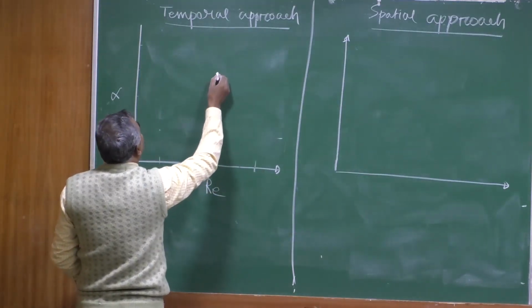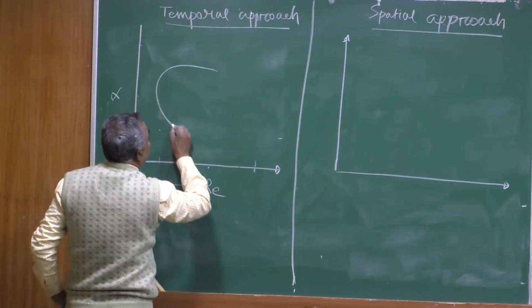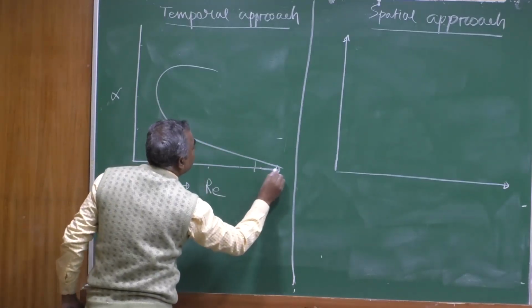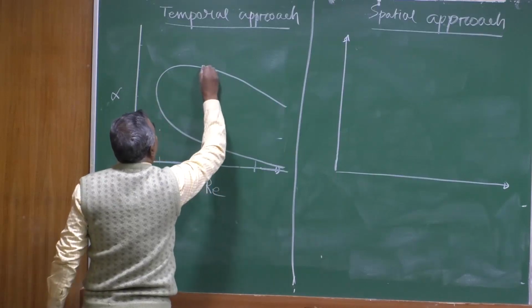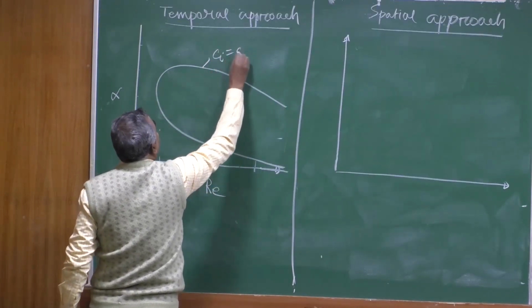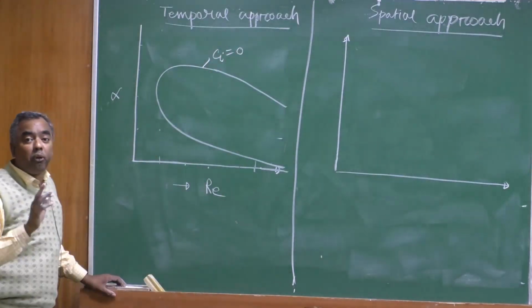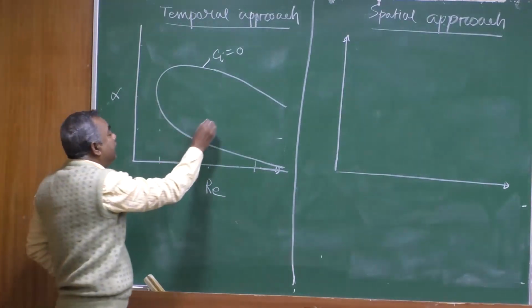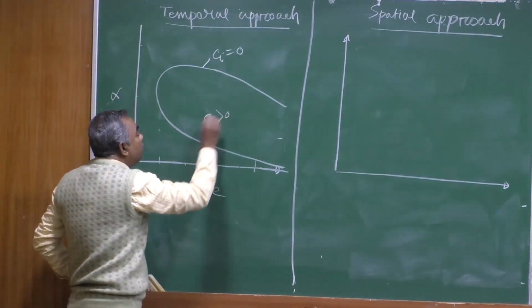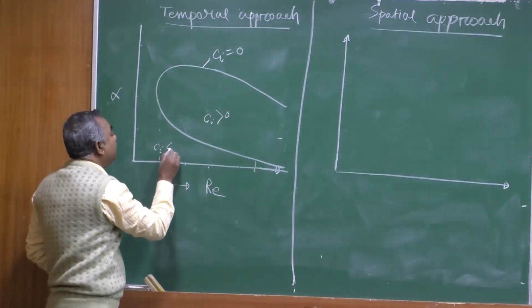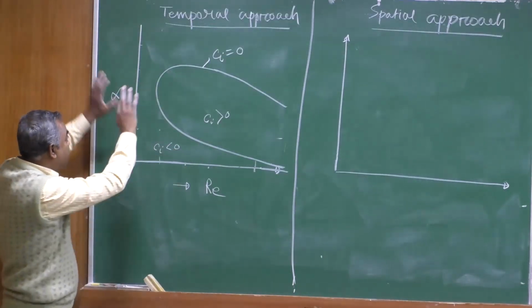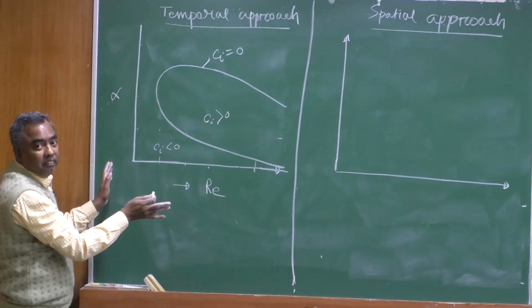How? So, let us say we have done that job for a given velocity profile, and this is our Ci is equal to 0 line contour. Inside, Ci is greater than 0, and outside, Ci is less than 0 in this parameter space. Okay.